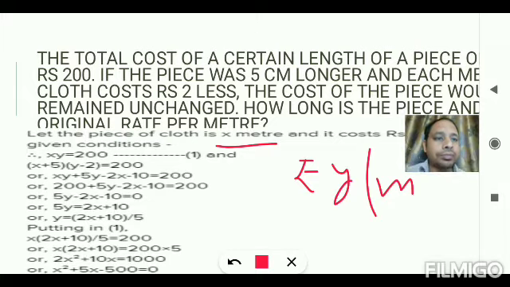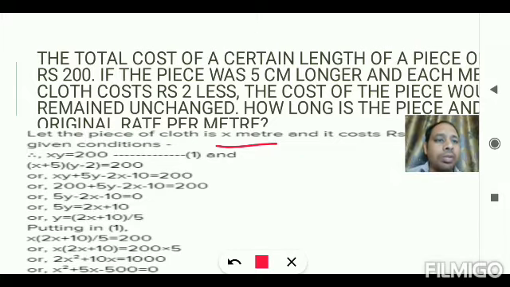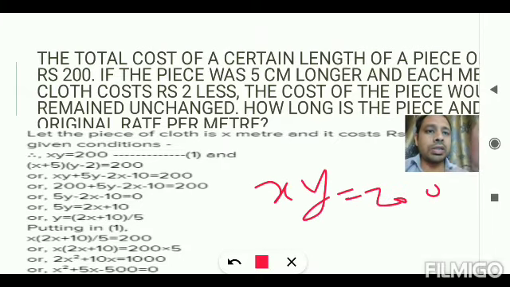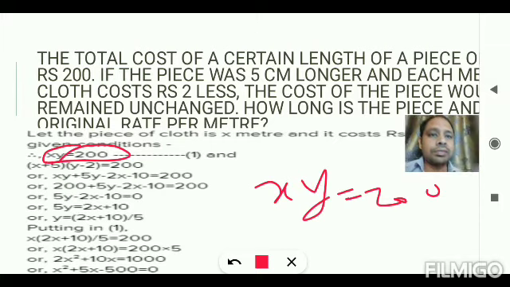Therefore the total cost is given, that is 200. That means we can write x into y equals to 200. That is given here.